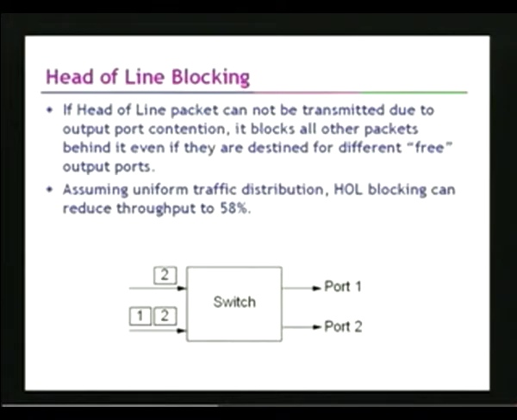So the head of the line packets basically limit the throughput of a switch, and it can be shown that if the traffic distribution is fairly uniform, then the switch throughput will be limited to just 58%. Now, in practice the traffic distributions may not be uniform. There can be several pathological cases in practice, and if that happens, the throughput will be even worse. The throughput will turn out to be even less than 58%.